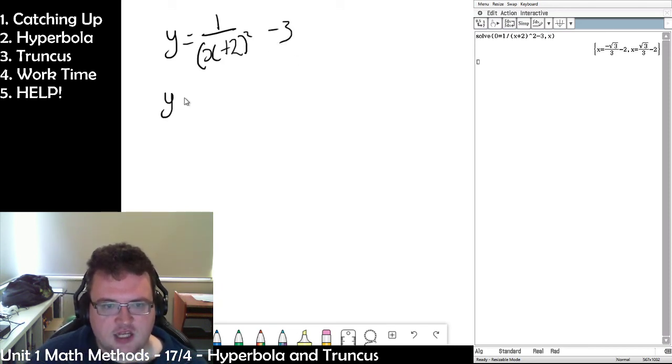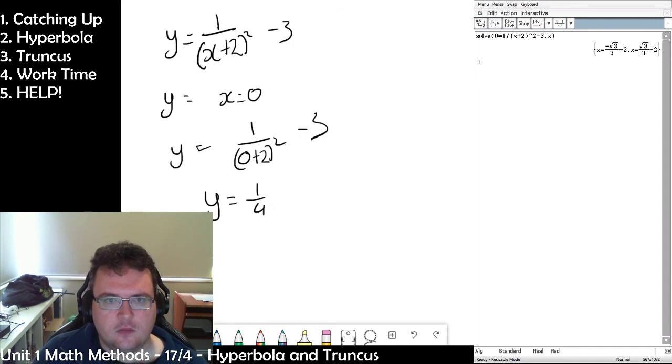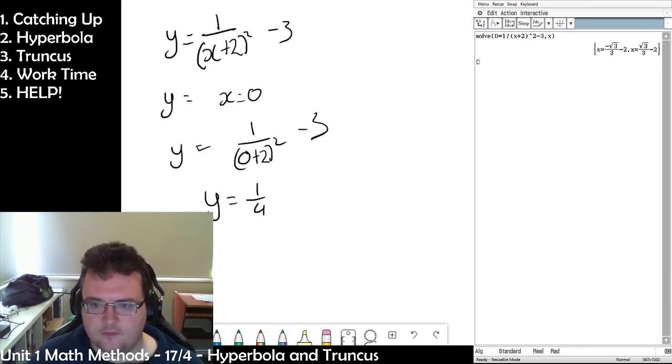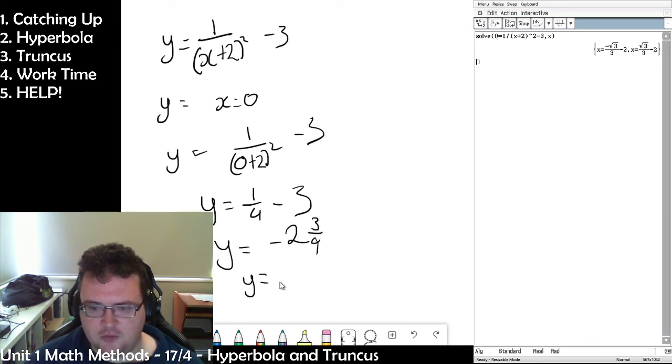To find the y-intercept, I make x equals 0, y equals 1 on (0 plus 2) squared minus 3. So that's y equals 1 on 4, minus 3, y equals negative 2 and 3/4. So y should be equal to negative 2.75.